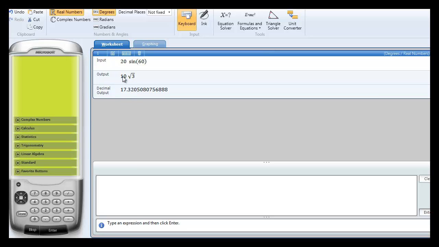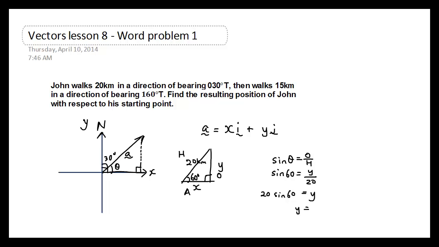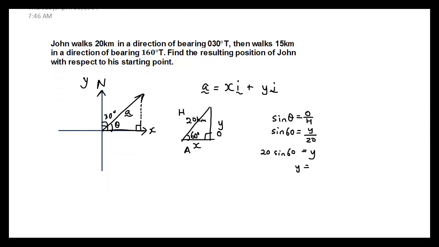You can see here Microsoft Mathematics also gives you the output in surd form, but we're just going to use the decimal number today. So 17.32 kilometers is the vertical component.